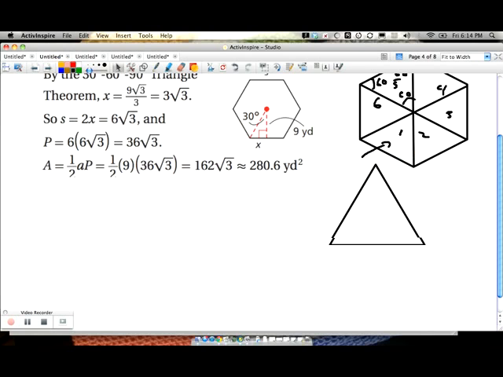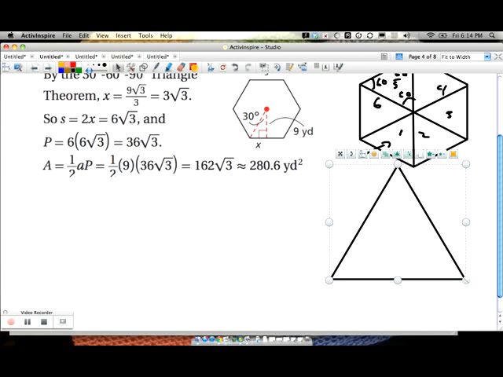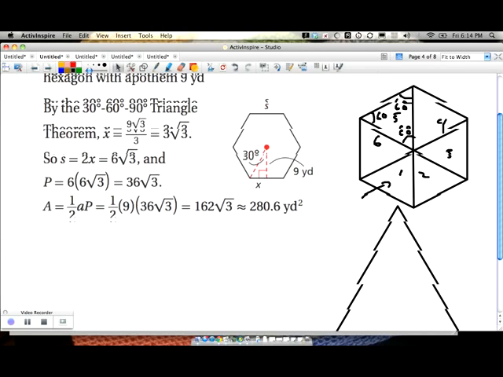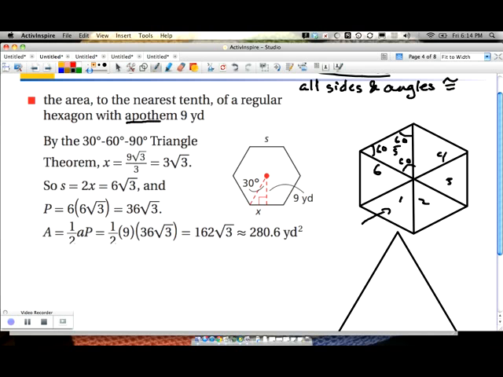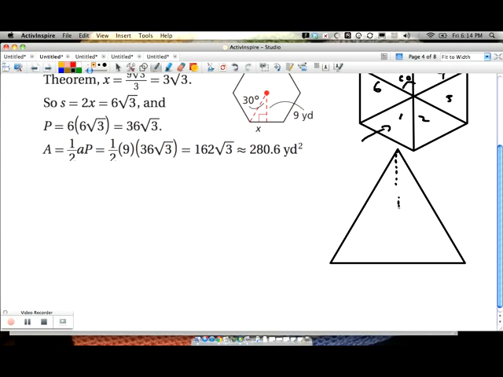So the area of one equilateral triangle, well, the information that they give us is very important. Notice that they say it has an apothem of 9 yards. Well, that's kind of helpful, but I want to figure out what the other stuff would be. The apothem is really the height of one of these triangles.